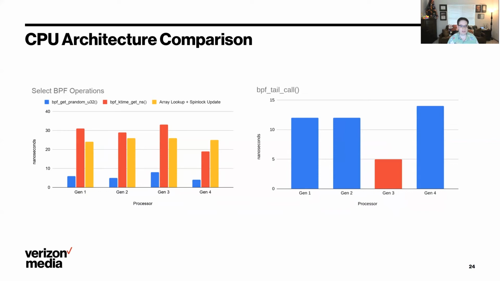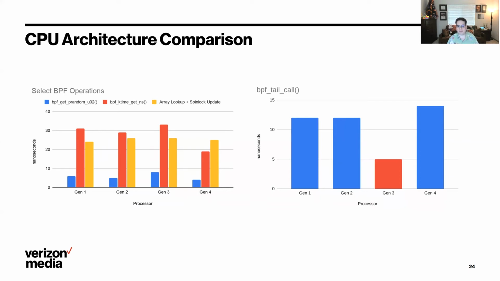We generally try to maintain roughly the same processor speed across all of our generations. But something happened with our 4th generation CPU in this graph, where it has a significantly lower cost to get the current time. So some kind of architectural change happened with that CPU that improves that time lookup.